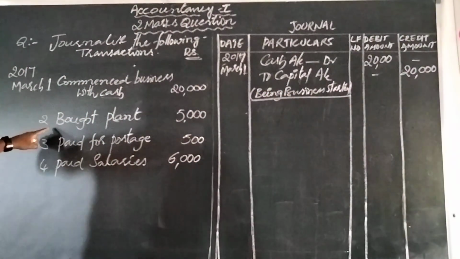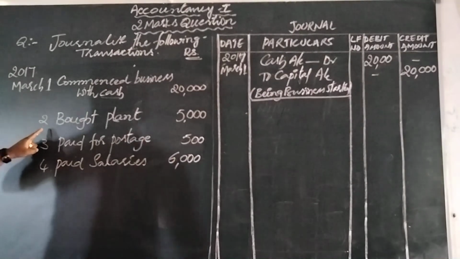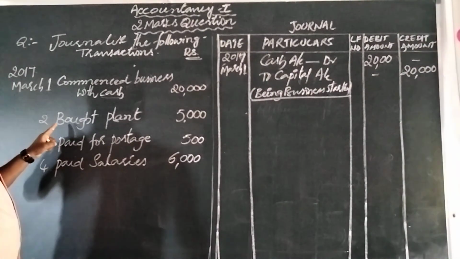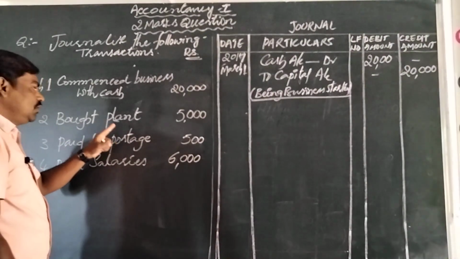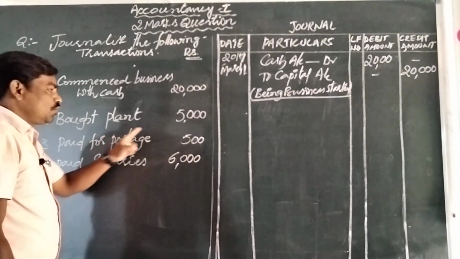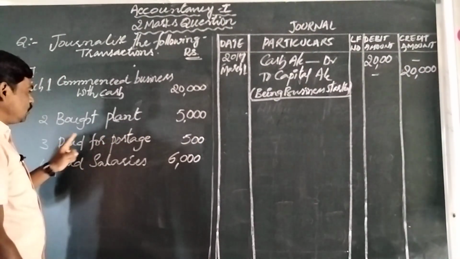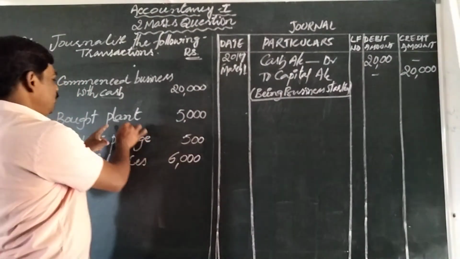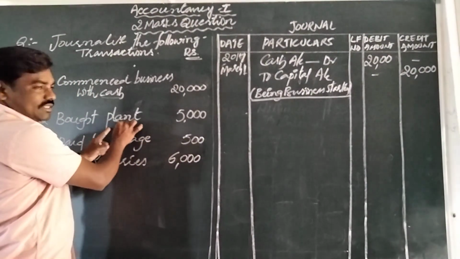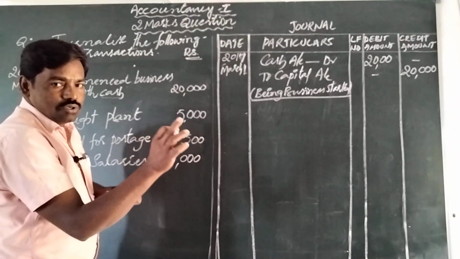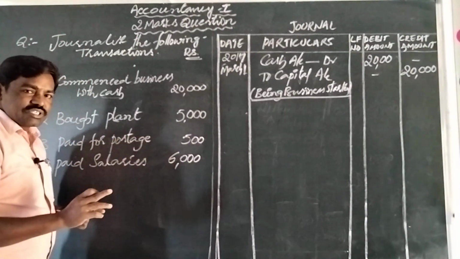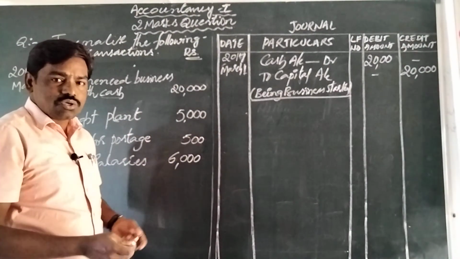What is the second transaction? See, on March 2nd bought plant. Here a machinery purchased for rupees 5,000. For this we can write an entry. So here plant is a machinery. Machinery is an asset related to real account. The real account principle says what comes in, debit; what goes out, credit.